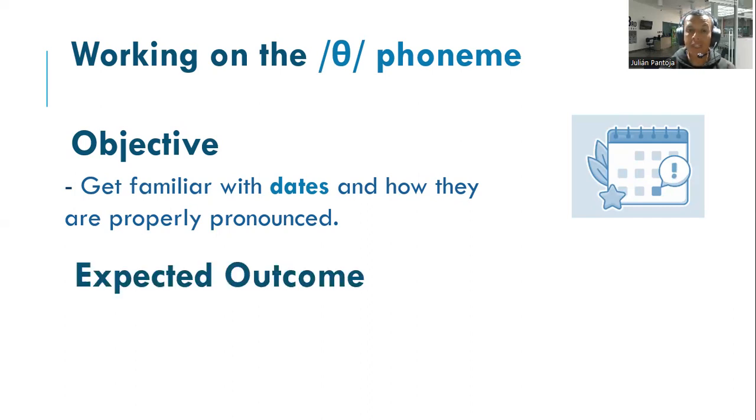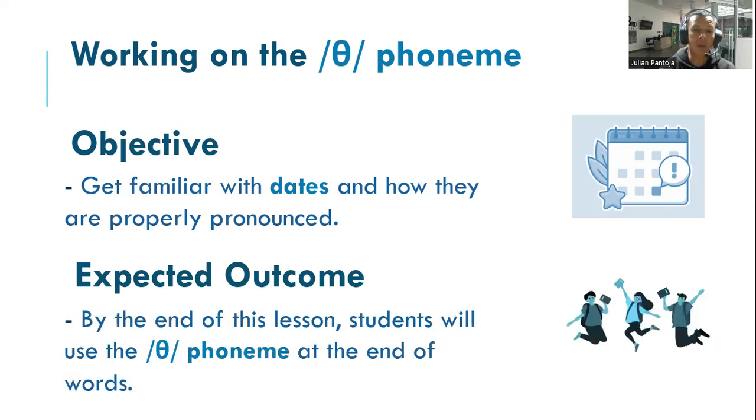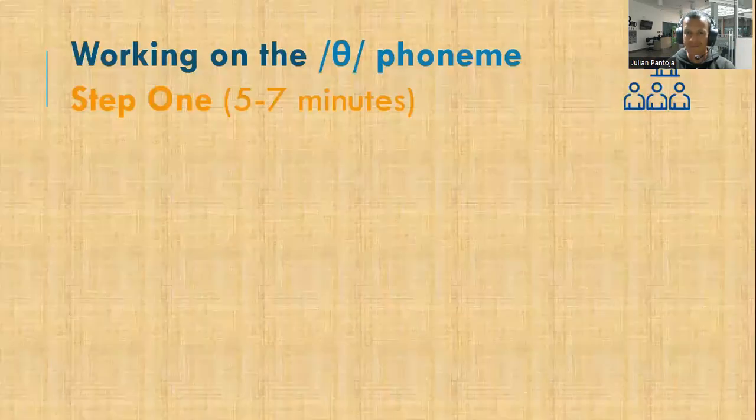The expected outcome is to have students, by the end of the lesson, use the phoneme at the end of words, the concrete sound that is connected to dates. I hope the link is clear.